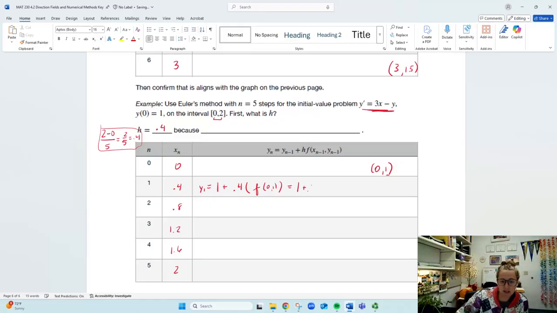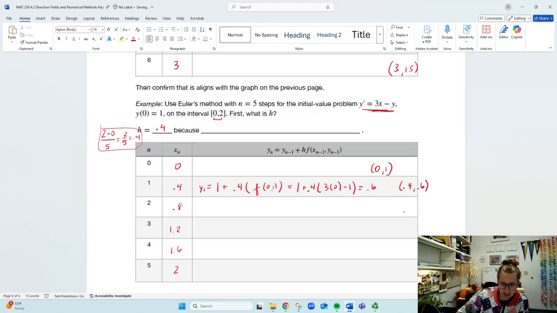So I have 1 plus 0.4, and then all of that is going to be times 3x, which is 0, and then minus 1, which is my y. If I follow this through, I will actually get 0.6. So my xy value looks like 0.4 and then 0.6. That'll be my xy value.